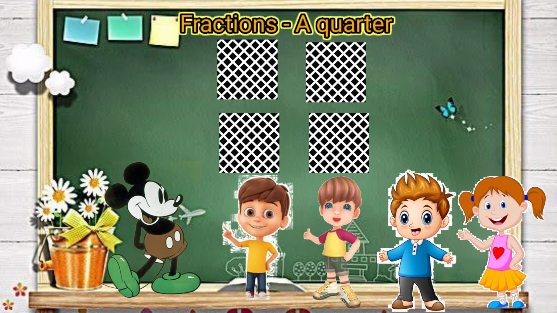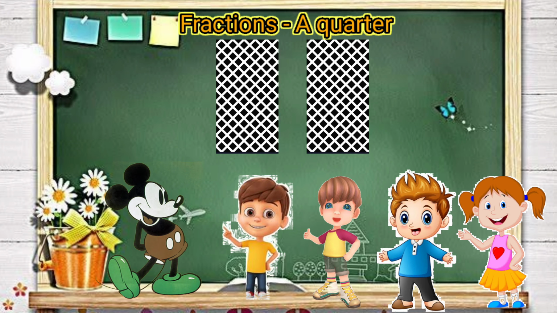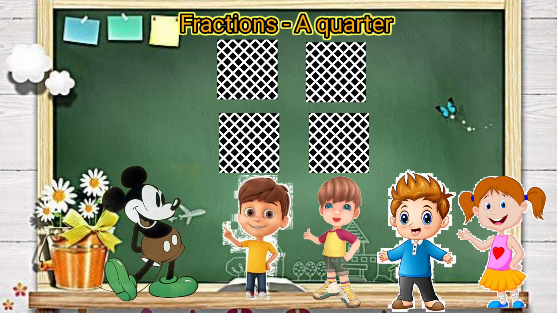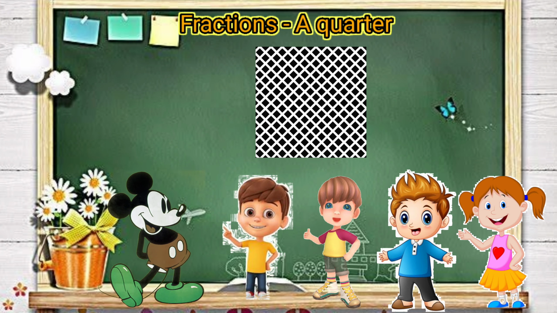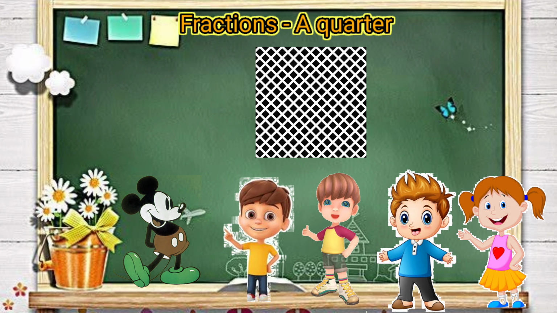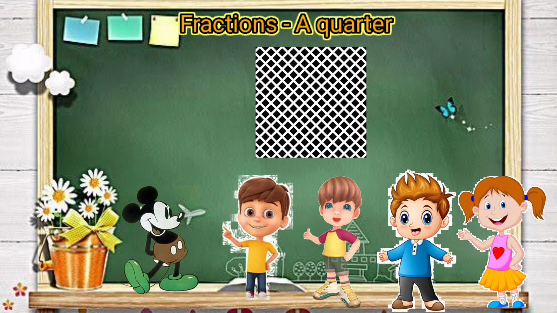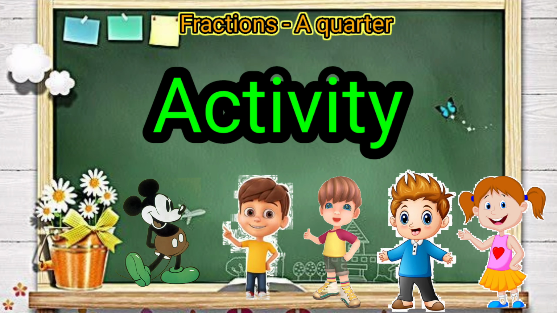If we put 2 quarters together, we get a half. Similarly, if we put 4 quarters together, we will get a whole. That's simple. Yes, children. Now, let's begin with the activity session.